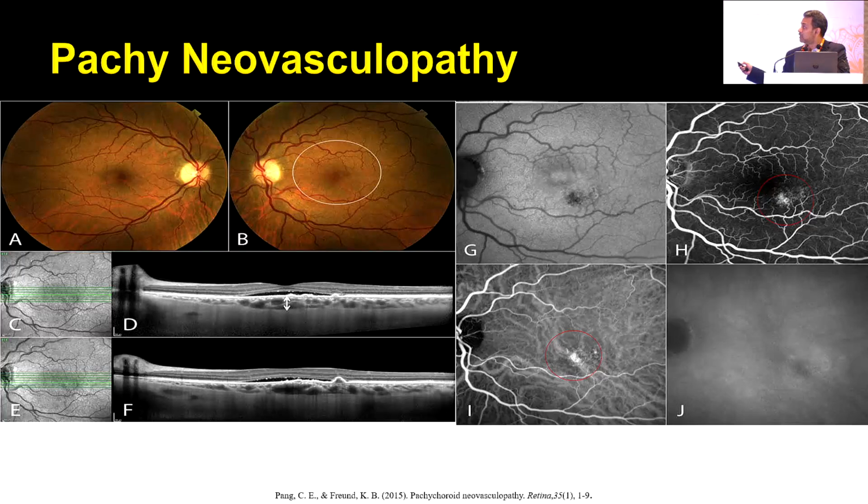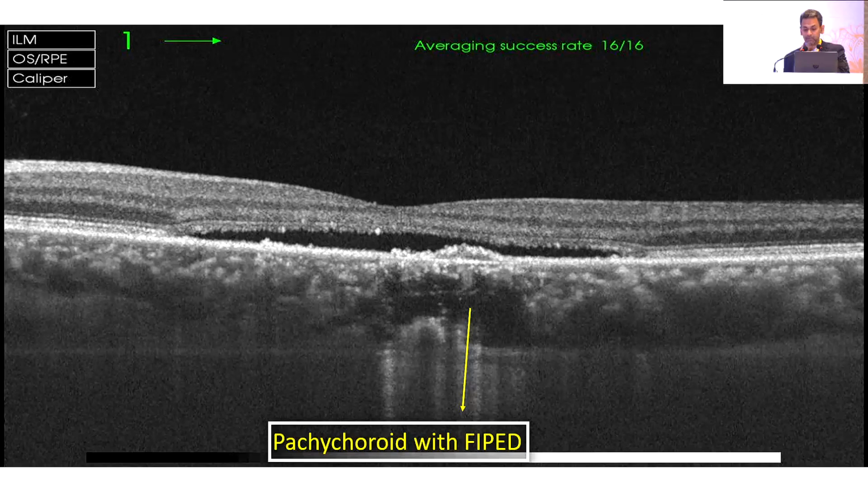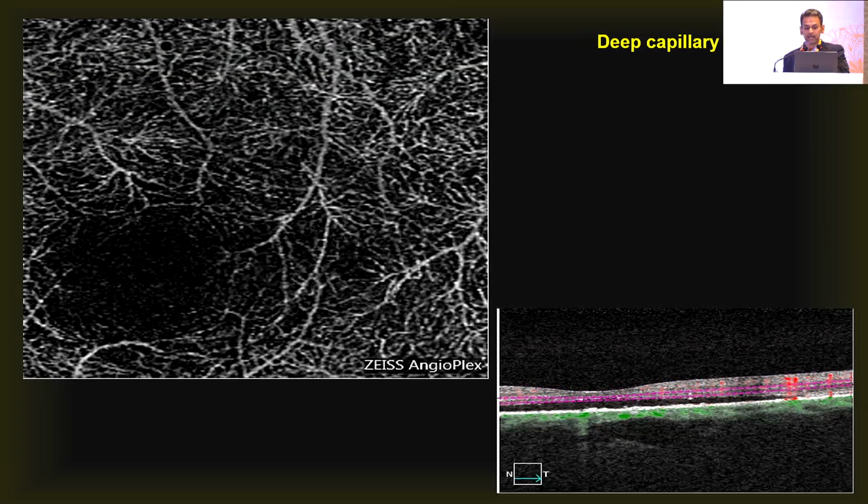This is nothing but a type 1 neovascularization on FA and ICG overlying a pachychoroid, and you see the PED, a flat irregular PED. For example, this patient was referred as chronic CSR, with this flat irregular PED, and mostly it overlies a pachyvessel. Here the OCTA is very useful: superficial plexus normal, deep plexus normal.